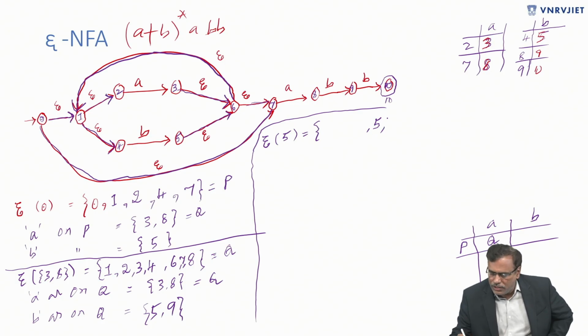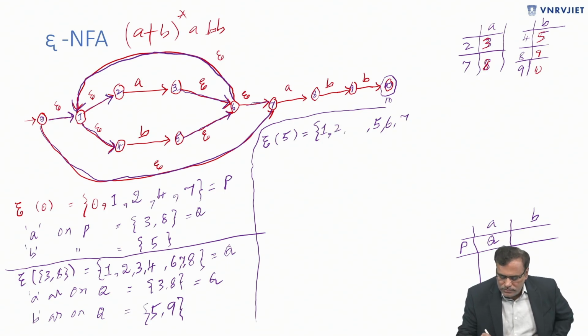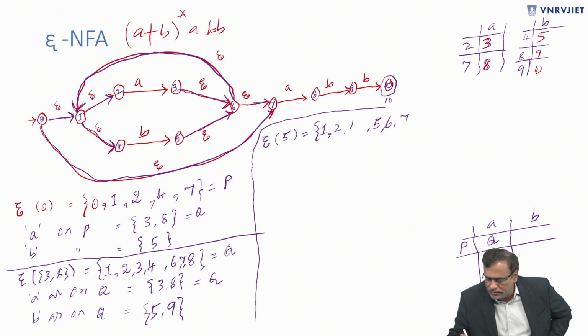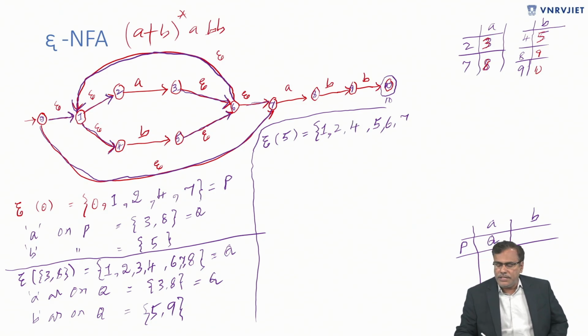From 5, you can also reach 6. From 6, you can go to 7. From 6, you can go to 1. I am writing in order, to have the clarity. From 1, you can go to 2. From 1, you can also go to 4. Highlighted part. Only on epsilon transitions.